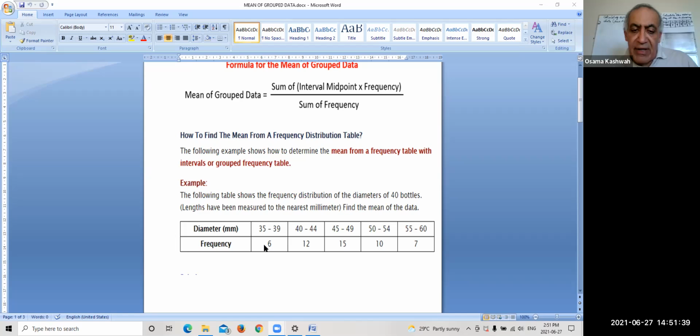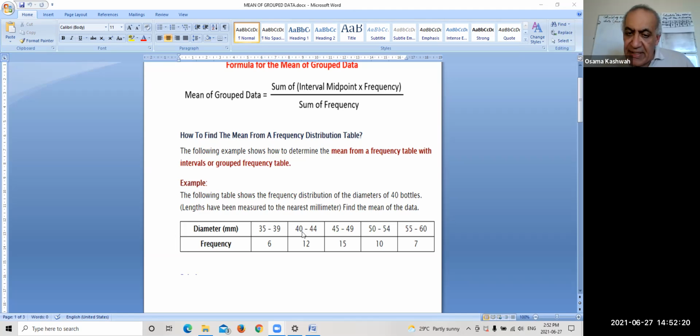I found that there are 6 bottles with a diameter between 35 and 39. For example, the first bottle was about 36, so it goes into this category. The second bottle was 37, between 35 and 39, so it goes in this category. The third, fourth, fifth and sixth are the same. So 6 bottles have a diameter between 35 and 39 millimeters.